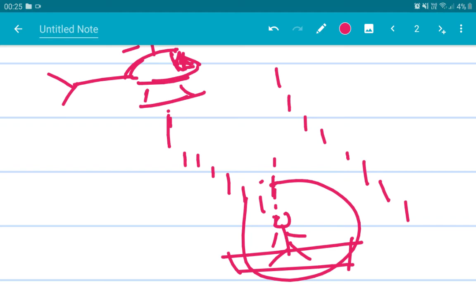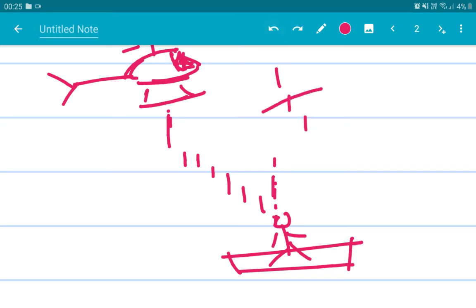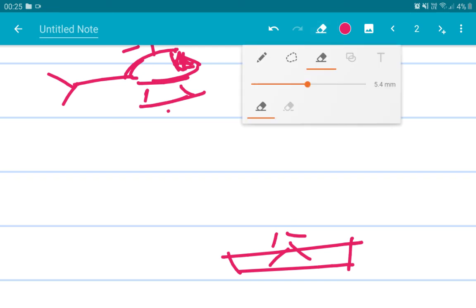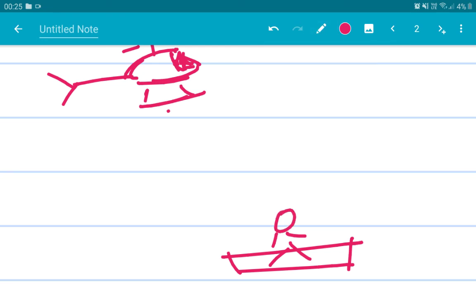It appears like this, but from the pilot's point of view, it doesn't look like this. From the pilot's point of view, the food packet is moving in this direction, because it is moving along with the pilot, because this particular food packet has the same velocity as the helicopter.